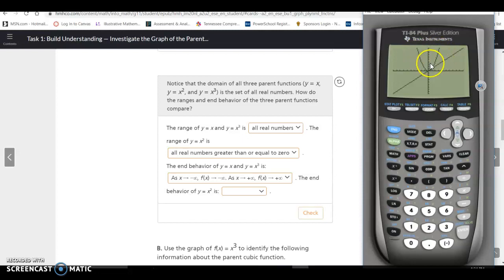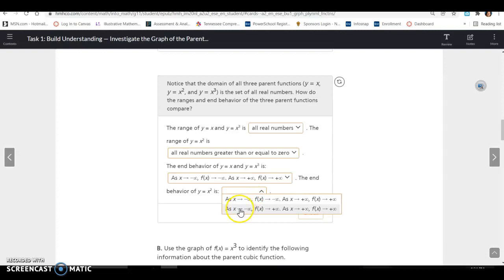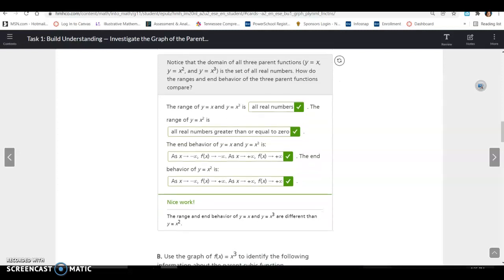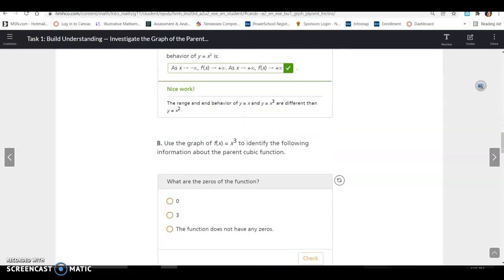So these go positive on both sides for the x squared term. So as x goes negative, y goes up, and as x goes positive, y goes up. So the end behavior and the range is a little bit different for x squared versus x cubed.